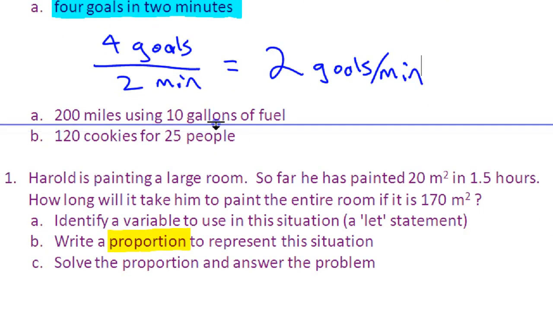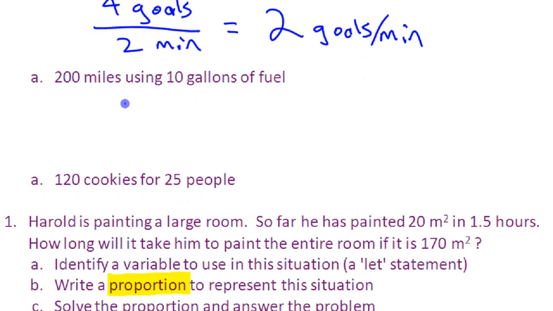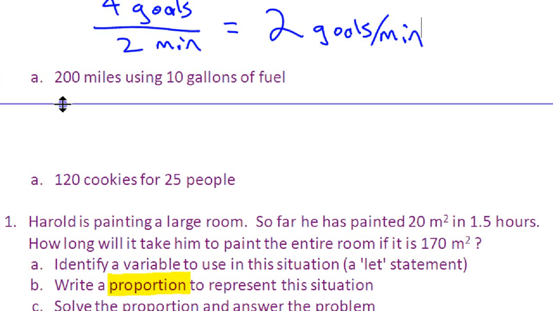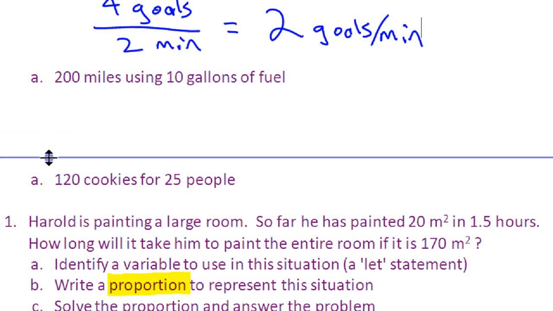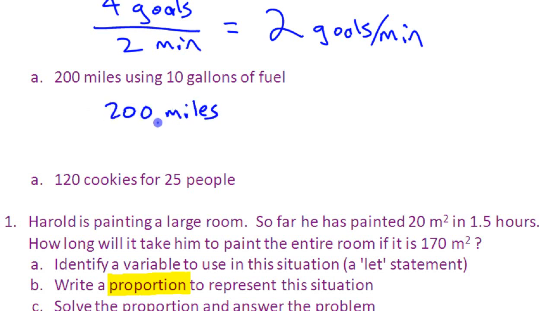The second one, 200 miles using 10 gallons of fuel. Oh yeah, you know what? When I use this page extender, then they all turn to A's. That's a very good point. So this is supposed to be part B, but hopefully that's okay. 200 miles, 10 gallons.